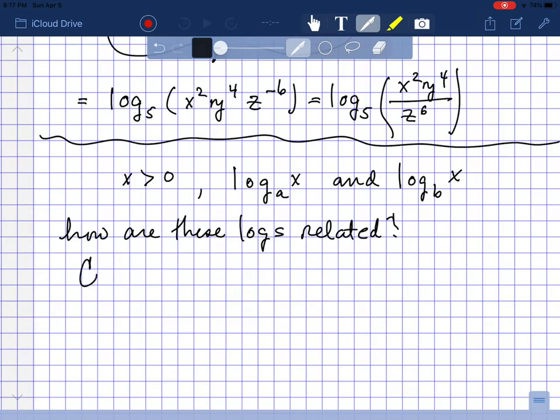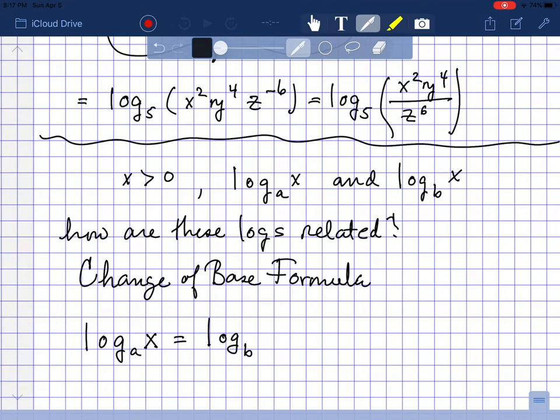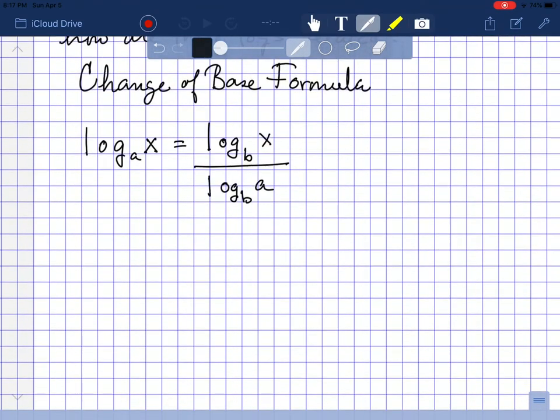It turns out that there's a very nice relationship between these, and this is called the change of base formula. And it goes like this. The log base a of x is equal to the log base b of x divided by the log base b of a. Okay?